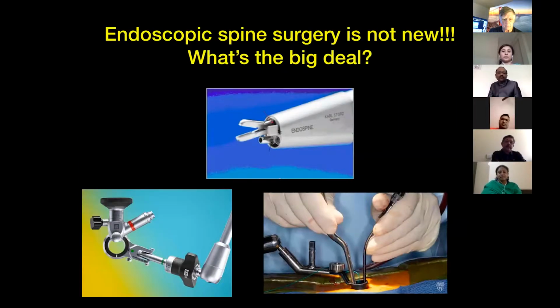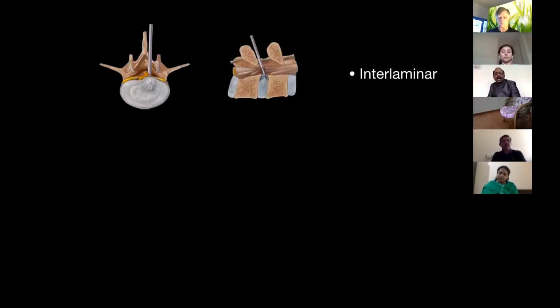So endoscopic spinal surgery has been in vogue. What is the big deal? Destandau has introduced lots of endoscopic techniques. Lots of tubular retractors are in the market. So what is the big difference? All these techniques have been dealing only with the interlaminar approach. We all know we go through the interlaminar route, we split the muscles, and we reach the ligamentum flavum, split it open, enter the epidural space, retract the nerve root, and reach the disc.